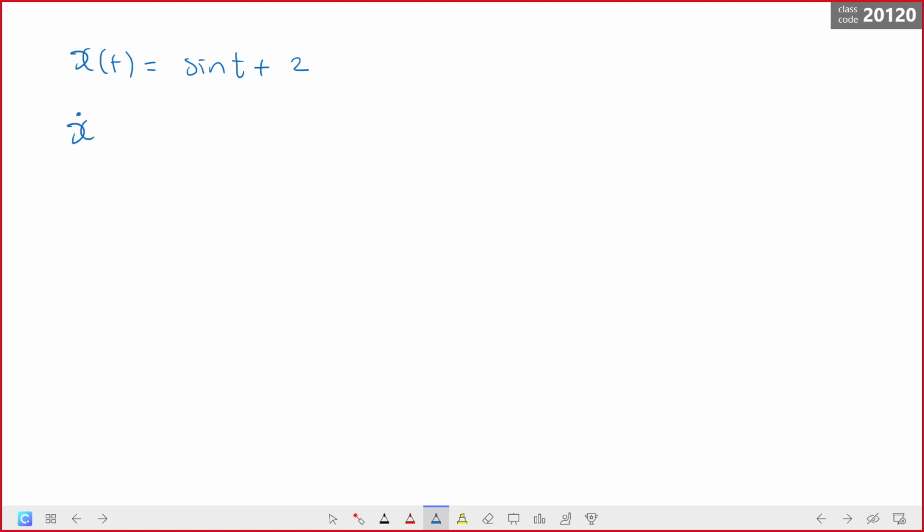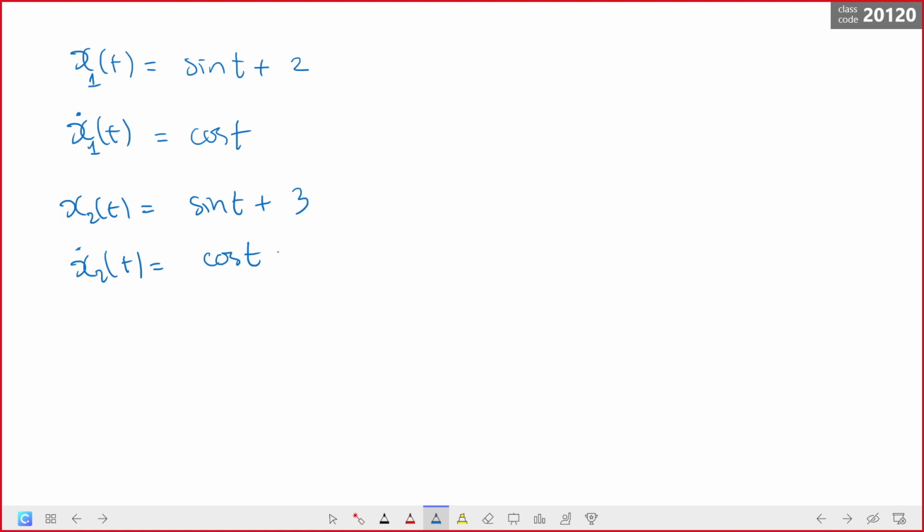Then h dot of t equal to cosine t. Let's say this is h1 and then h1 dot equal to cosine t. And if I give you h2 equal to sine t plus 3, then you find h2 dot of t also equal to cosine of t.